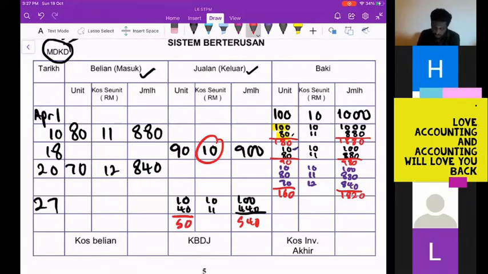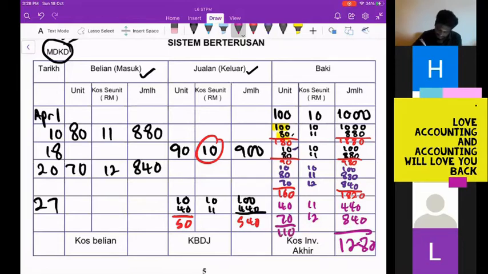Now I want to know what inventories are still with you. You have 40 at 11 ringgit, 440, and the 70 also still with you, 840. So 840 plus 440, you get 1280. 70 plus 40, 110 still with you.